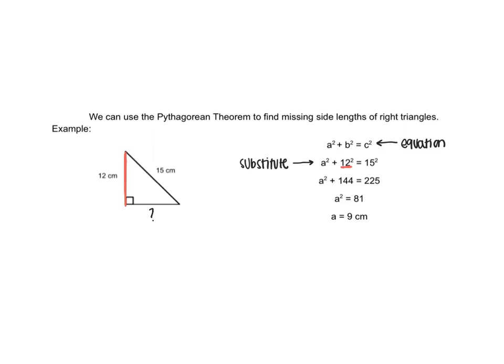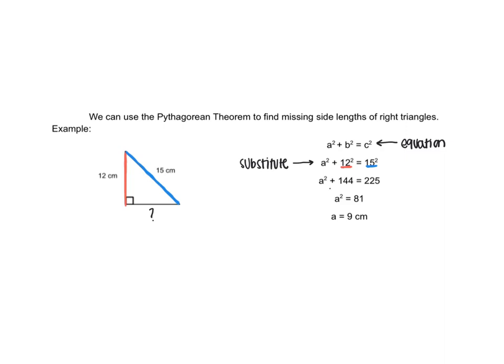We know that we can replace C with 15 because it's our longest side that is across from the right angle, and that means it is our hypotenuse. We can then use Desmos and type in 12 squared and 15 squared to get 144 and 225. Now it's an equation that we're able to solve.